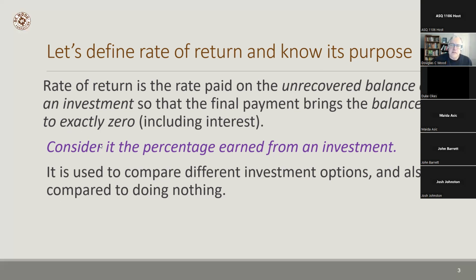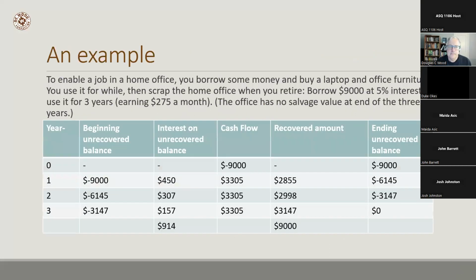Because not all investments come as a lump sum in the beginning and then a gradual return, equal amounts year over year, or month over month. That's not always how it works. So here we have an example.